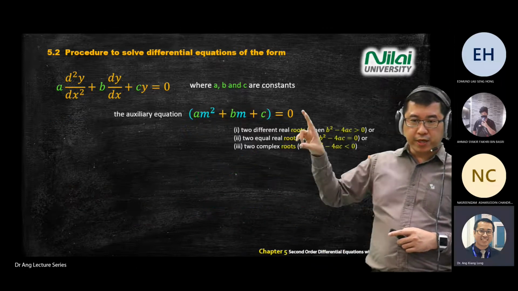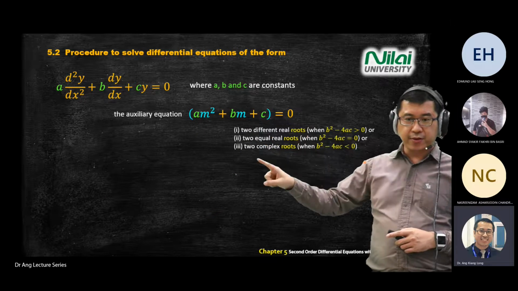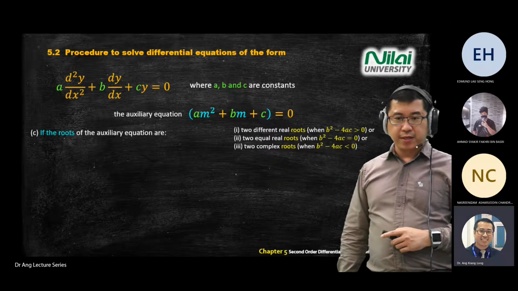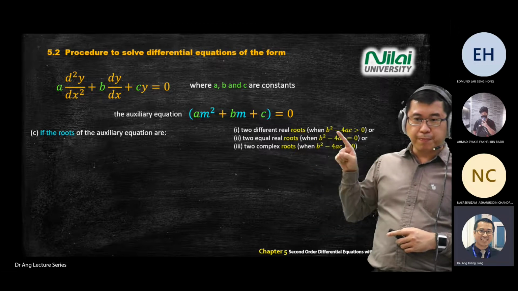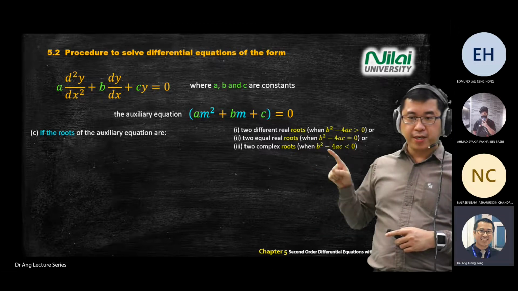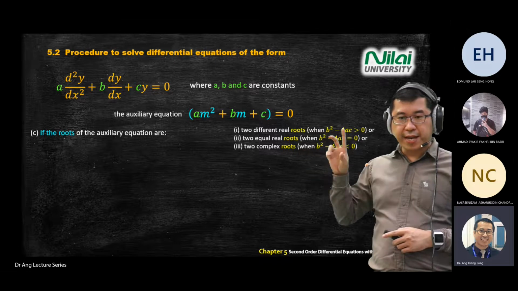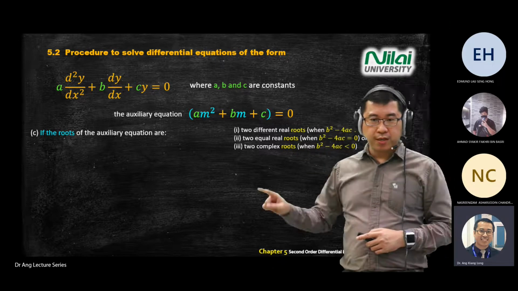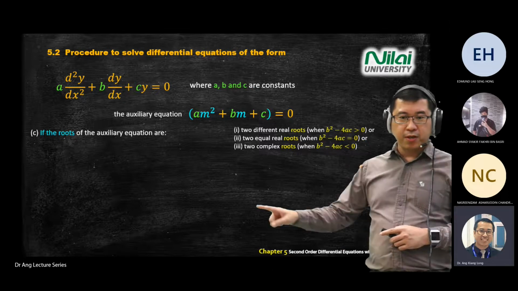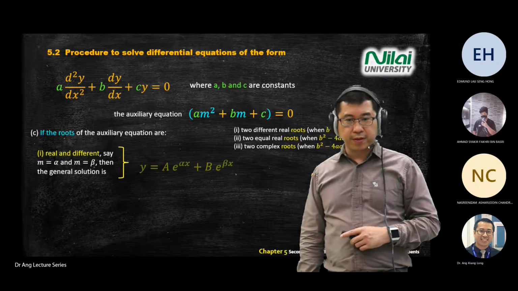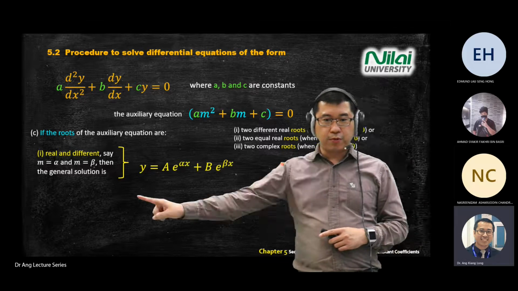After you identify which category it is, each category has a standard equation to use. If you calculate this and it's more than 0, you use this equation, straight away.